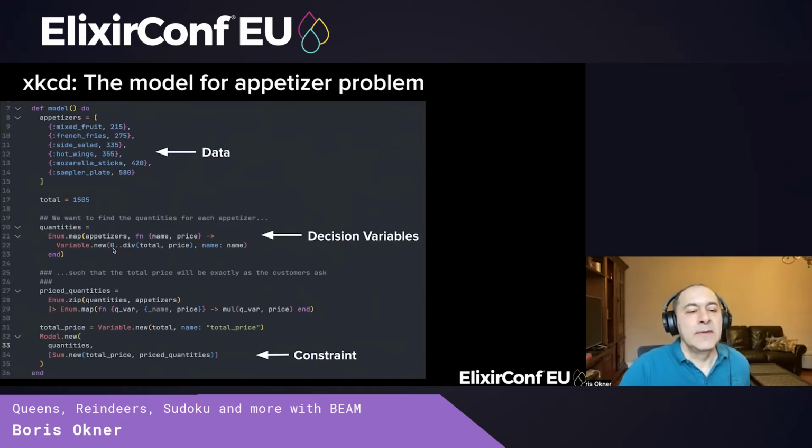And this 0 to this expression means that we can decide not to choose the appetizer at all, or we can fill the order, fill the total with the appetizers, so to decide to use the maximum possible amount for the appetizer quantity.